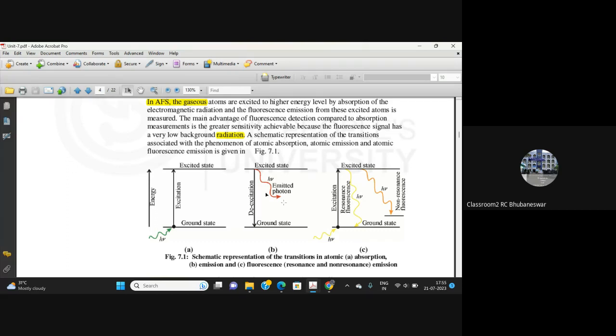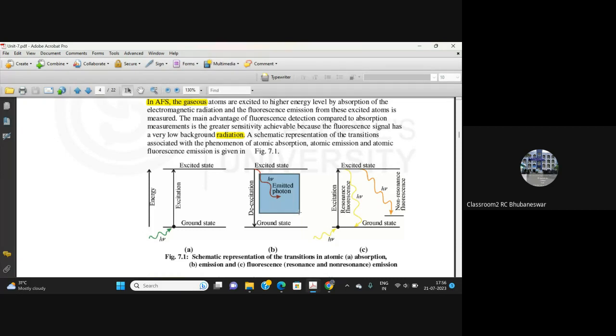But the concept here is that fluorescence is also a part of the emission process. Okay, fluorescence is also a part of the emission process, but when some photon emission is happening, it can happen to any state, normal emission.